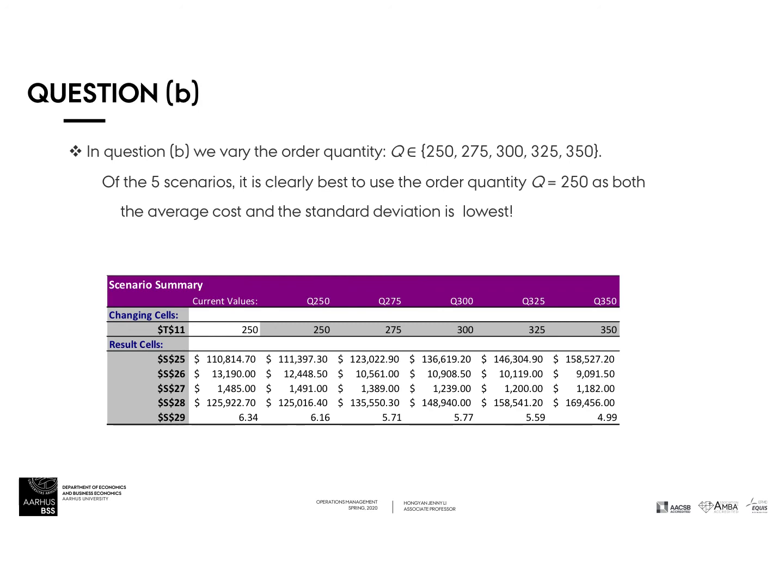So if you look at the total cost and the variations, that suggests the current order quantity of 250 gives the best performance.